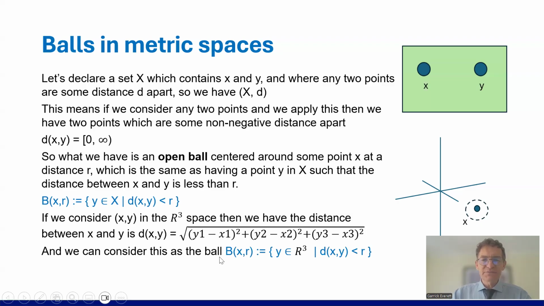We can consider this as a ball B(x), which is y an element of R3, where the distance d(x, y) is less than some radius. And I've got a note there for you to have a look at for a YouTube clip.